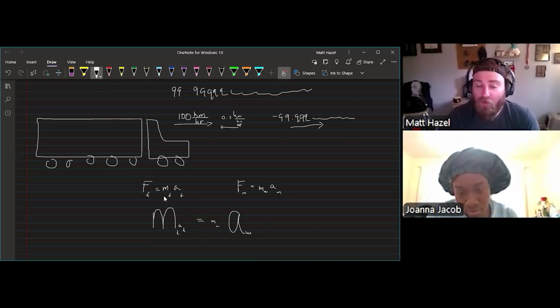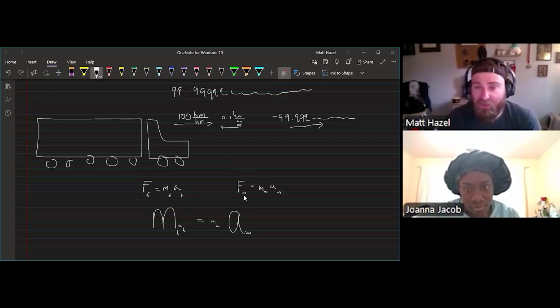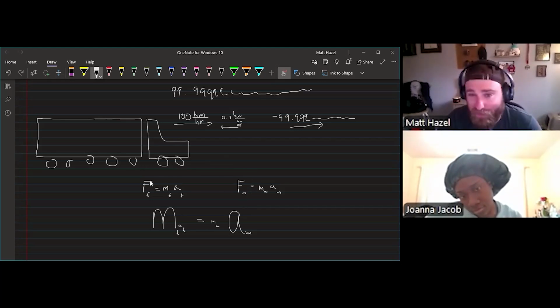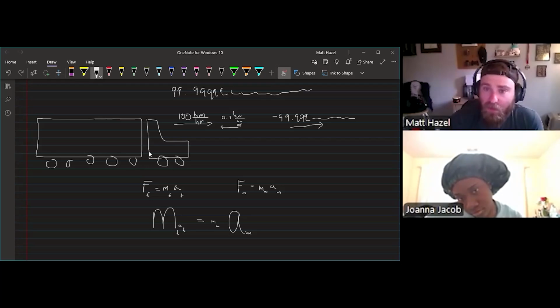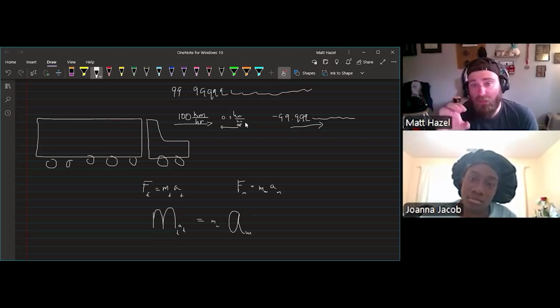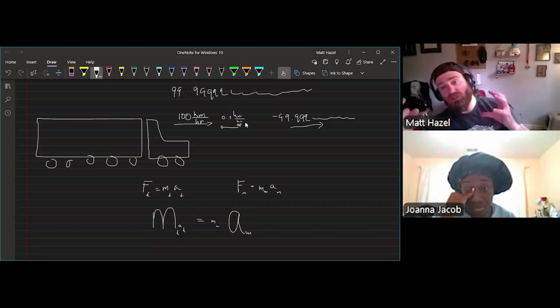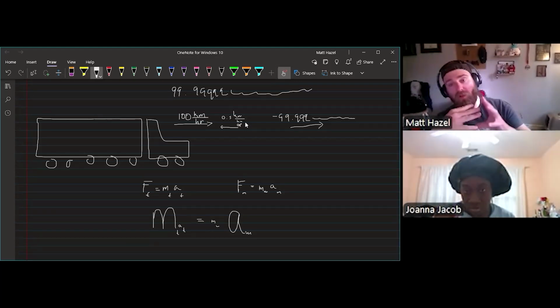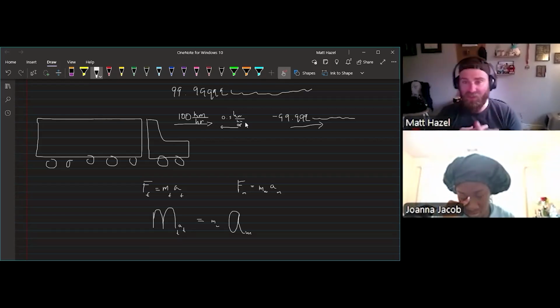So the force of the truck on the mosquito is equal to the force of the mosquito on the truck. The truck doesn't really feel anything because the mosquito is tiny. But a baseball has a little bit more mass, so the truck is going to experience a little bit more of a deceleration.